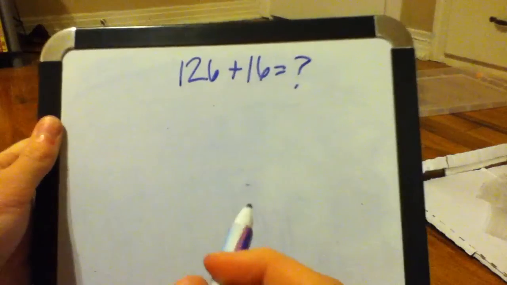Now, you can even do this approach with a harder one where you have 100 in your question. So we're going to make it a little bit harder and do 126 plus 16. So we're trying to figure that out.